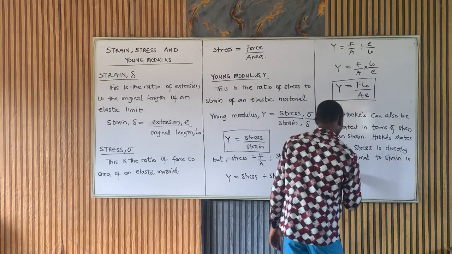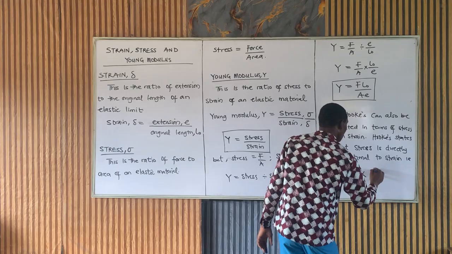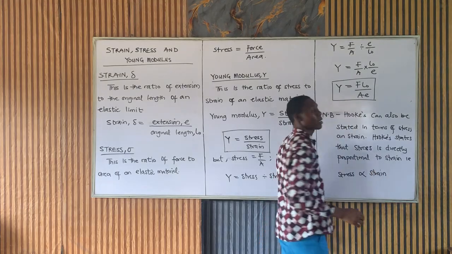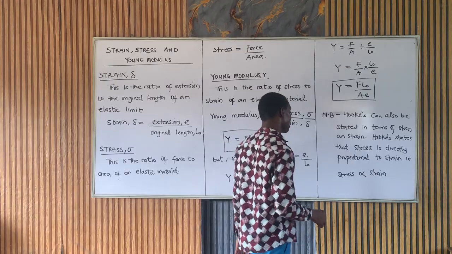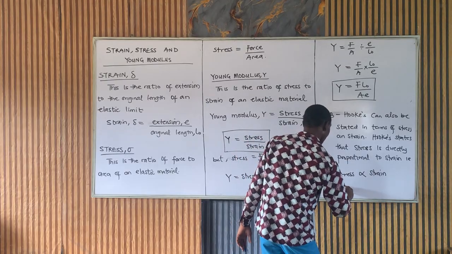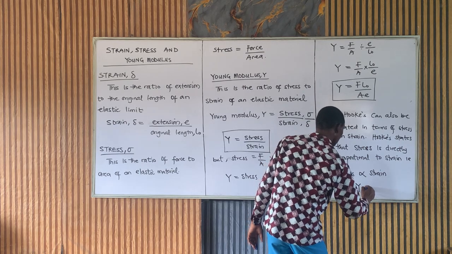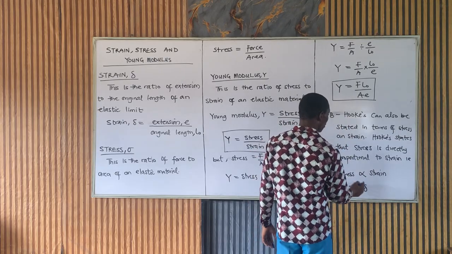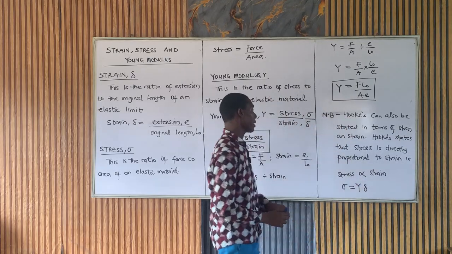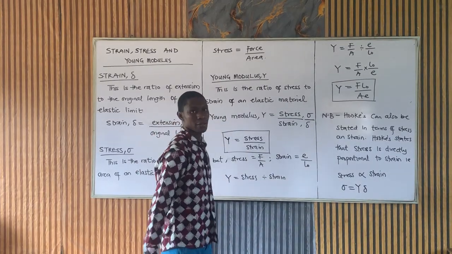That is, stress is directly proportional to strain. And we can remove this proportionality sign and say stress is equal to Young modulus times strain. So Young modulus is the constant here. So that's that about this.